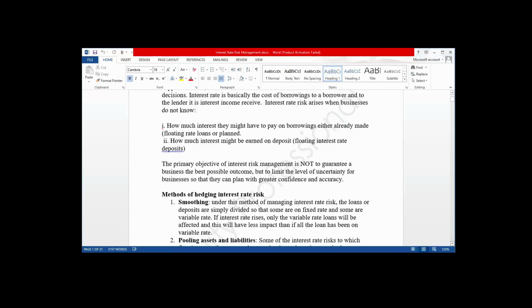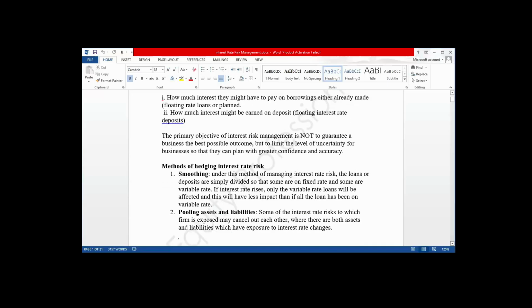Now we have done the introduction. What are the methods of interest rate risk management? What are the techniques of managing your interest rate risk?